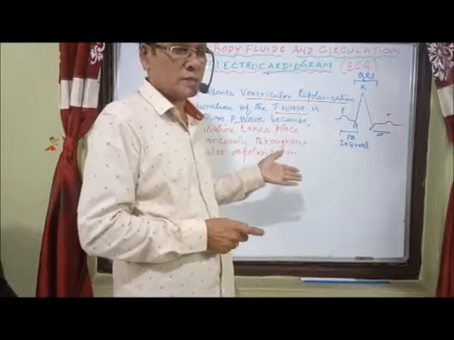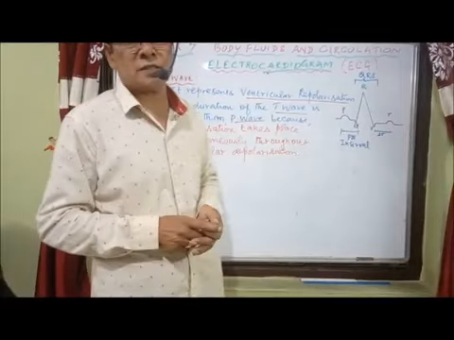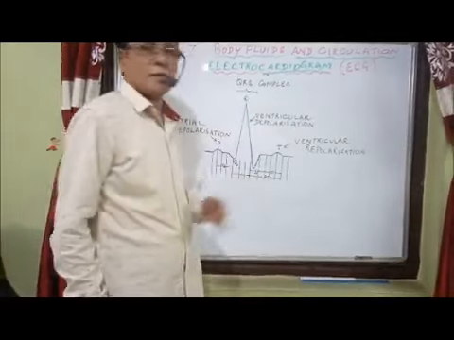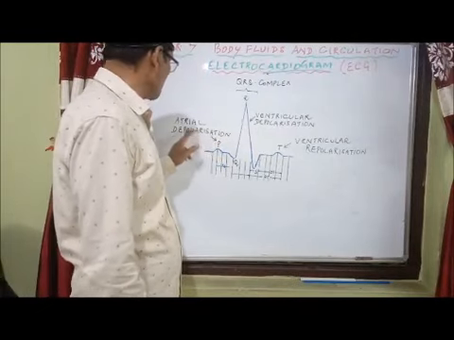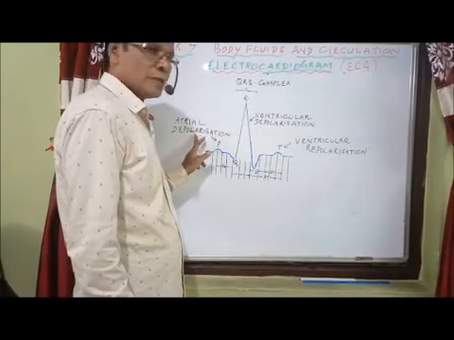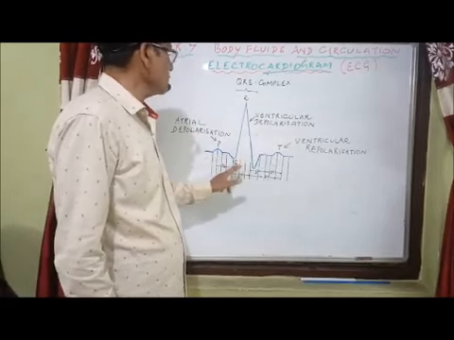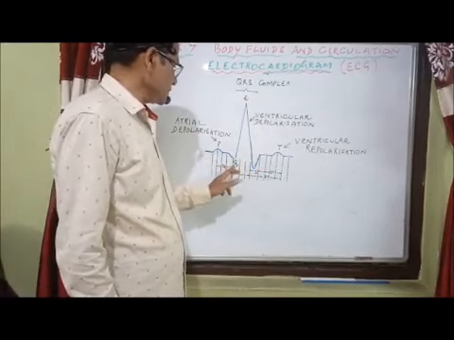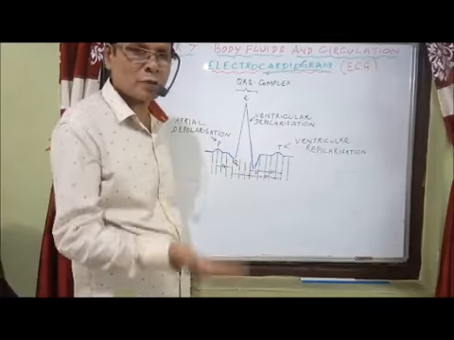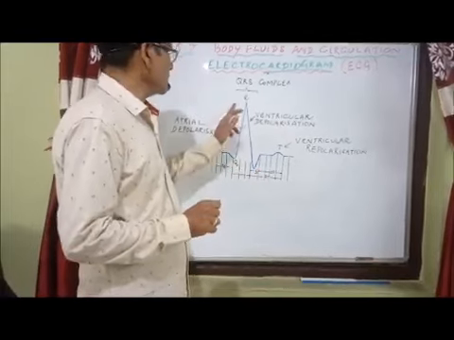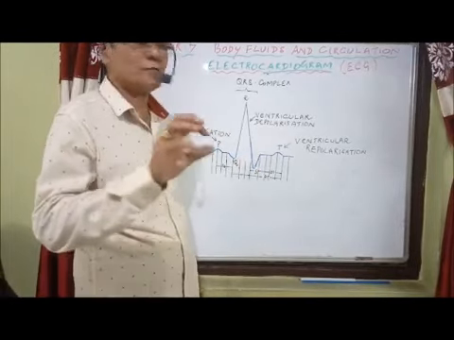So I draw a diagram, just the whole one representing the ECG. Now this is a common ECG showing the P wave, representing atrial depolarization. Then we have the QRS complex. Now you see that Q and S are the negative waves present below. And the R, P and T, upward waves, represent the positive waves.